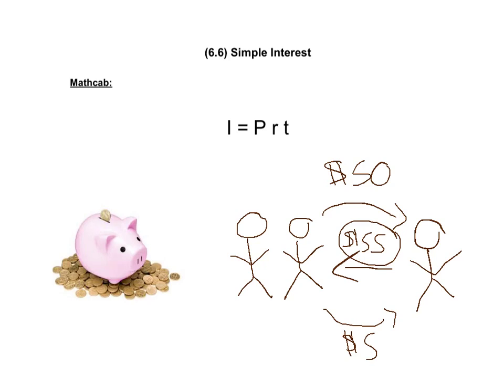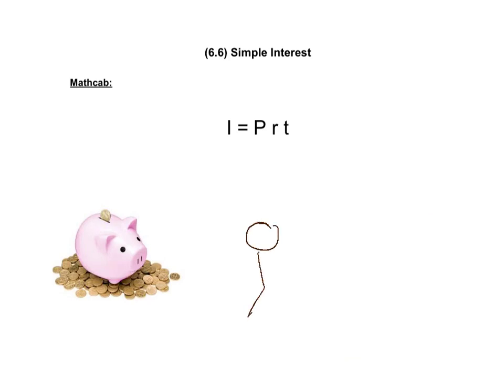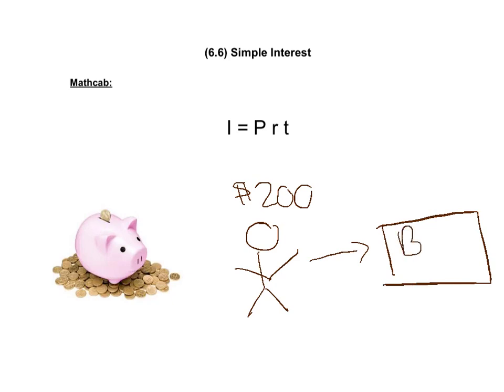Now, sometimes you'll have a situation where interest is good. For example, let's say you got some money from your birthday and you were given $200. Now, instead of keeping that $200 at home, you want to go to the bank, and what the bank does is that when you deposit or put your money into the bank, they're going to give you interest, or extra money, for letting them keep your money in the bank.